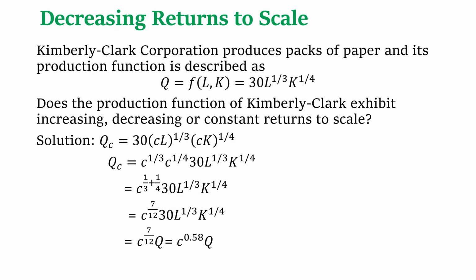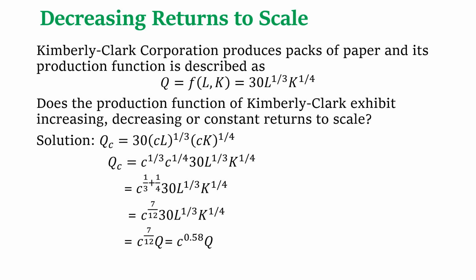So if we factor this C out, the term that we used to multiply, we're going to have C to the 1/3 times C to the 1/4. Now remember, in indices, A to the X times A to the Y is A to the X plus Y, right? So we'll do the same thing here. So this is just C to the 1/3 plus 1/4, then 30 L to the 1/3, K to the 1/4.